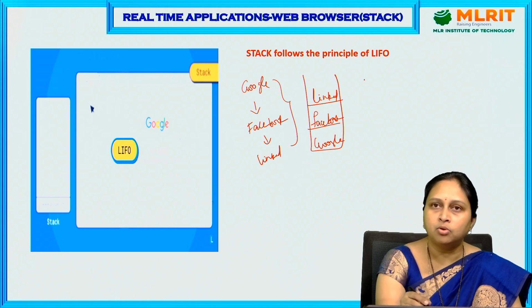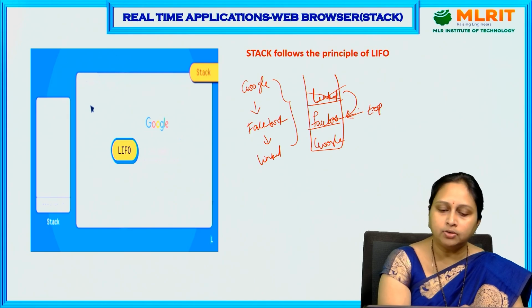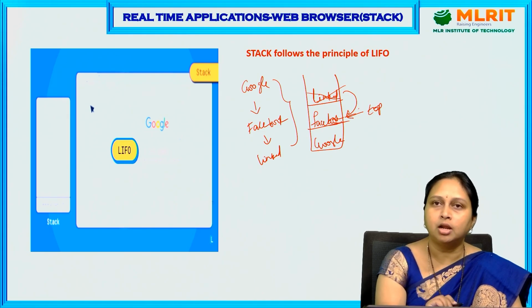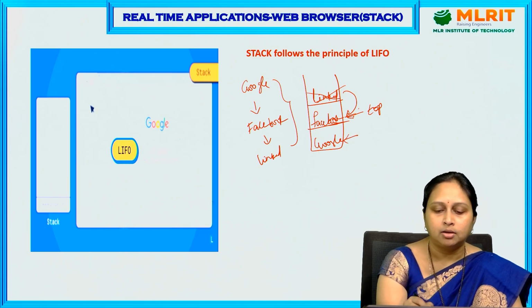When I want to open Facebook, then automatically my top will move to Facebook, right? Now it is pointing to this. Now this is not going to be pointed. Now this will be pointing as the top. According to this particular URL you can see. Suppose I want to open Google, then my pointer, that is top, will move to this Google.